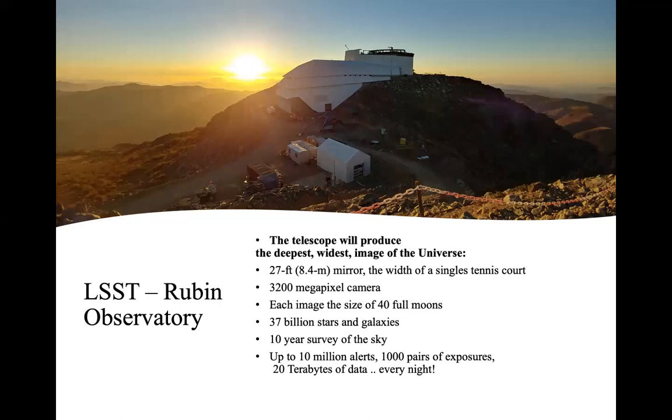The telescope itself has an 8.4-meter mirror, so it's that large. The diameter of the mirror is 8.4 meters, which is basically the width of a single tennis court, if you know. And the important thing here is the camera itself. I will explain that to you at the end of this particular lecture series.